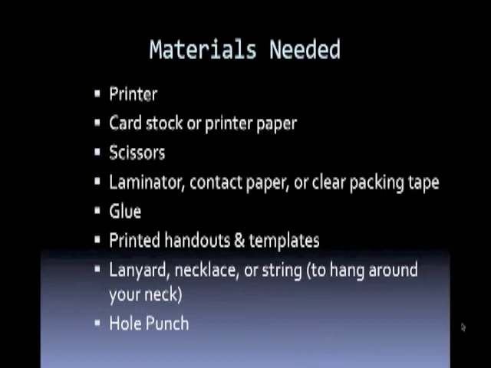You're going to need a printer, some cardstock or printer paper, scissors, a laminator or contact paper, clear packing tape, something to be able to protect the visual that you're making, some glue, printed handouts and templates that are available on our site, a lanyard or some type of necklace or string if you would like to be able to put your visual rules that you're making around your neck.